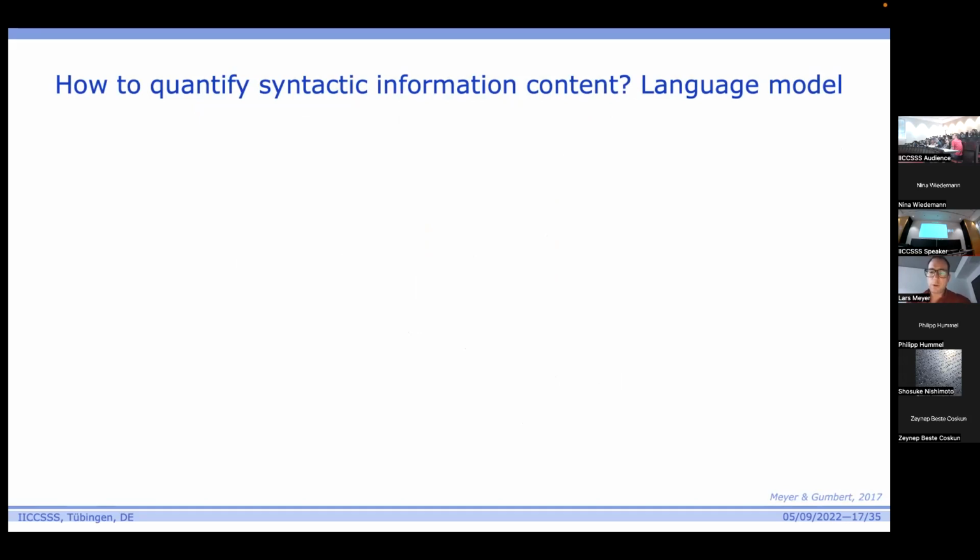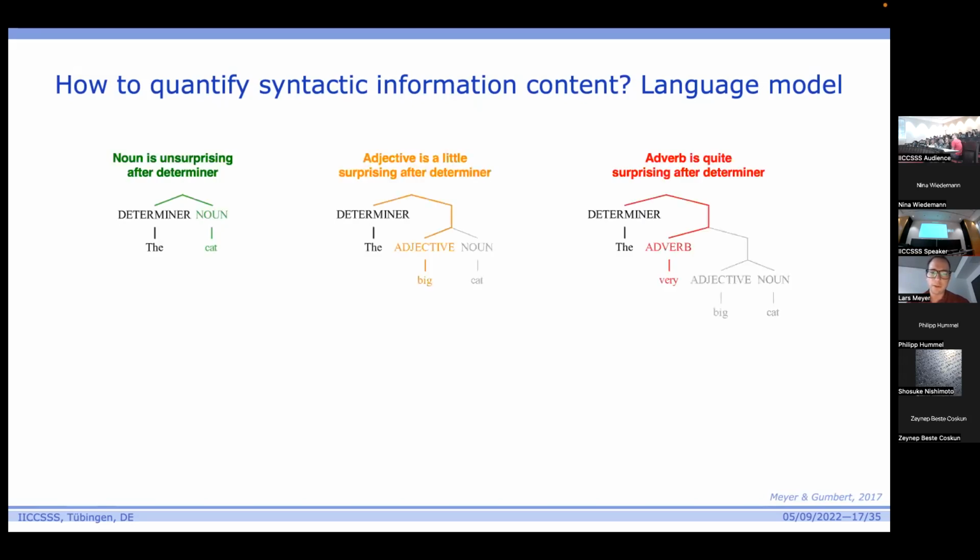Our language model was based on a probabilistic context-free grammar. So it's essentially a version of government and binding for beginners. And we're quantifying the labor within those trees using a complexity metric called surprisal. I will explain this in a minute.